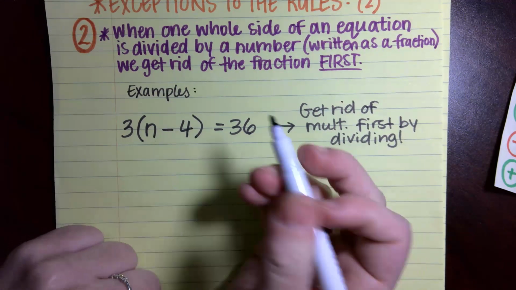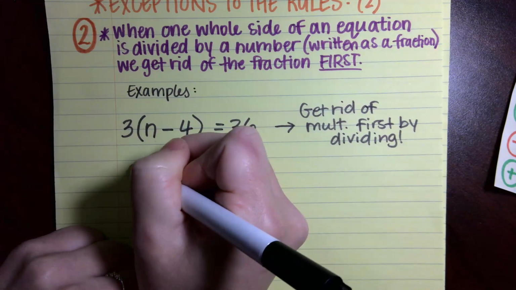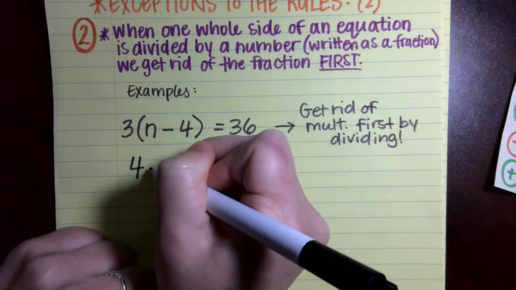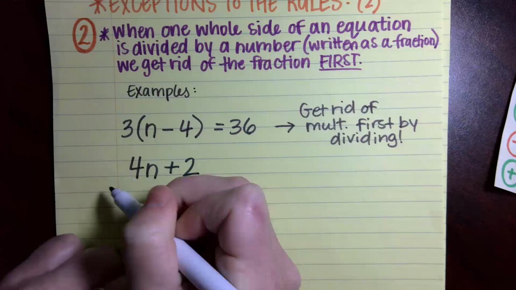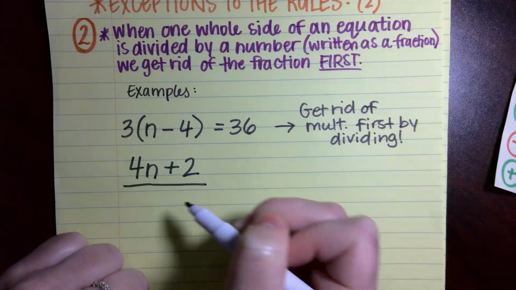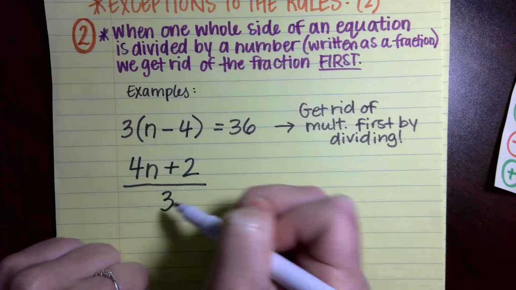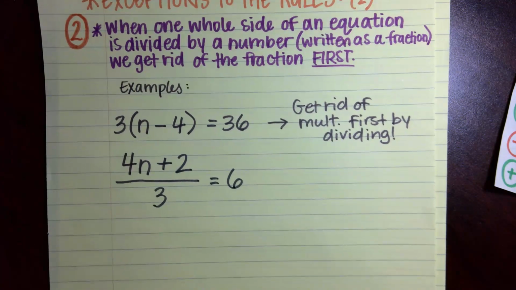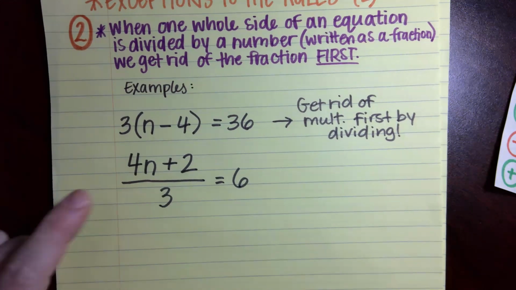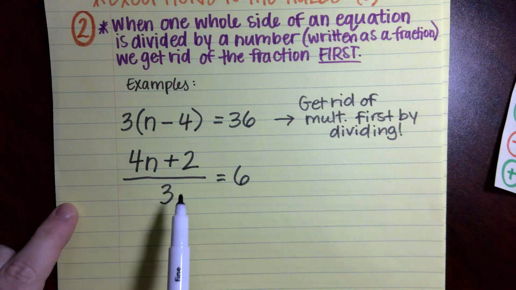What if I had an equation that looked like this? What if I had 4 times n plus 2, all of that divided by 3 equals 6? The whole side of the equation is divided by 3.